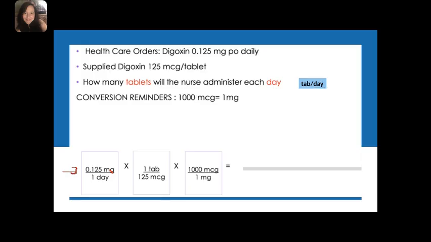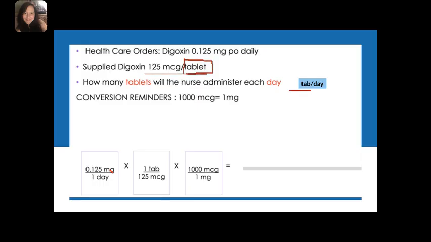However, I do know I need to have a tab in the numerator. So let's look to see what you have within your problem. I have that digoxin 125 micrograms per tablet. Right away, I key into this tablet, and I remember that I have to have a tablet in the numerator.